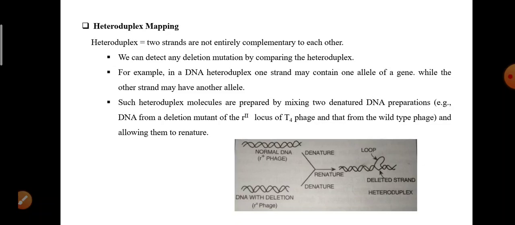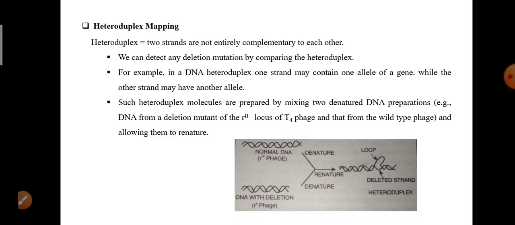For example, in a DNA duplex, one strand may contain one allele for the gene, while the other strand may have another allele or a mutation. Because of that, their DNA sequences will not match or be complementary, and there may be a formation of a loop, and that will help us in mapping a deletion or duplication in the heteroduplex or DNA sequence.